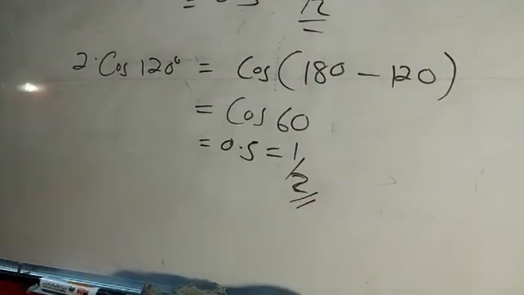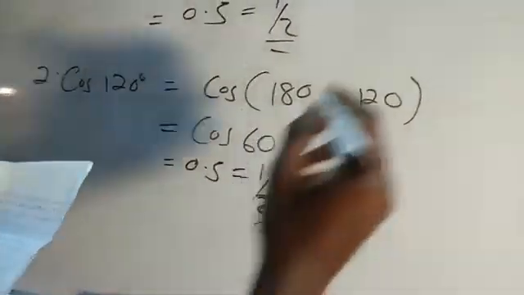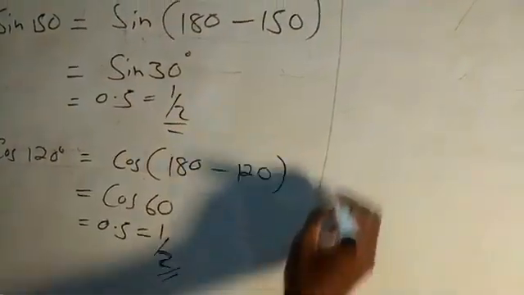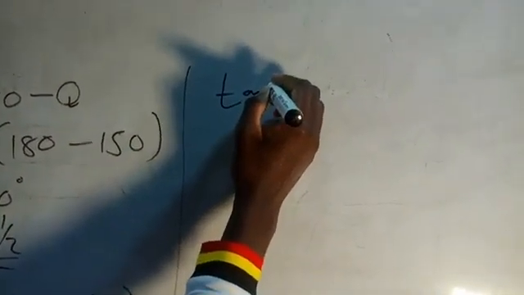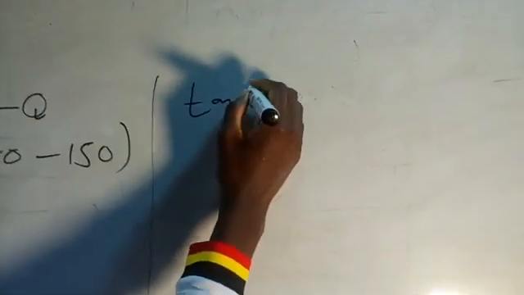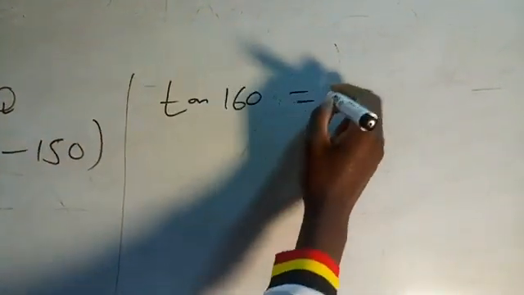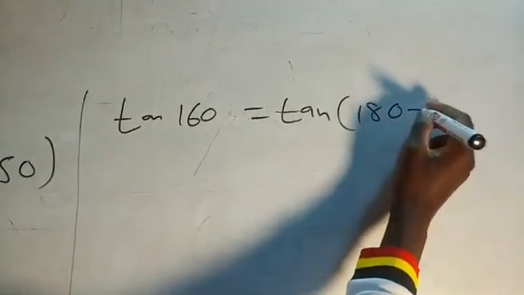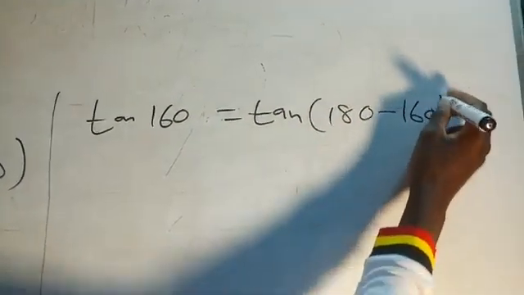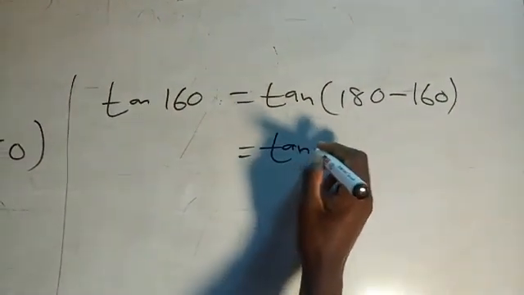And let's go to number 3, tan 160 equals tan of (180 minus 160), becoming tan 20.